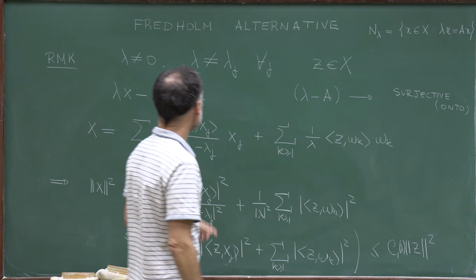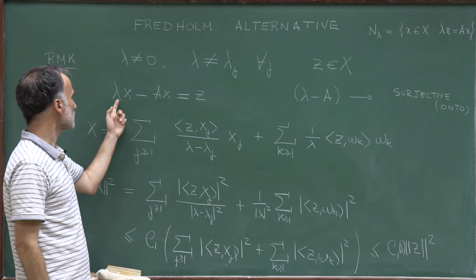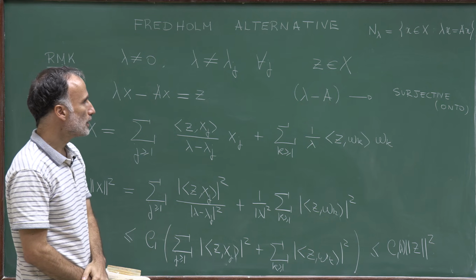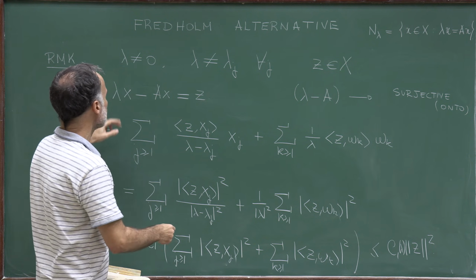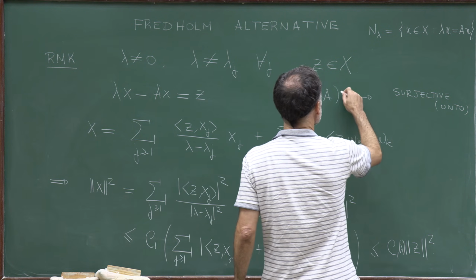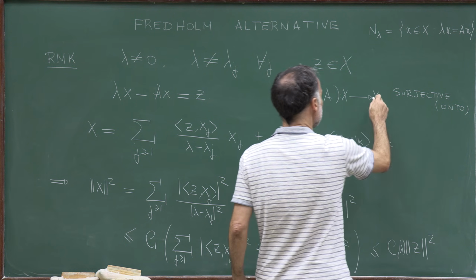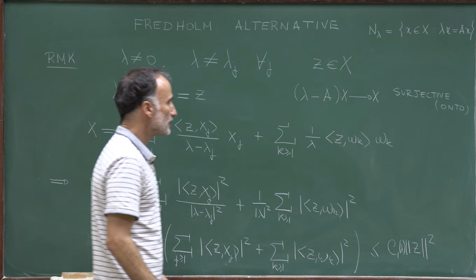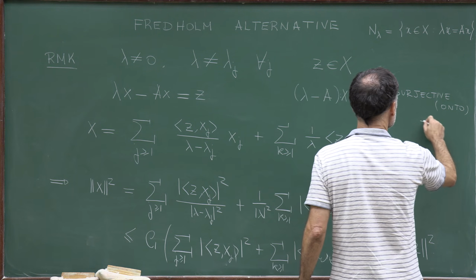Right? It means that for all z, I can find x such that lambda x minus Ax is equal to z. So this operator, as an operator from X to X, is surjective. Now I claim that it's also injective.